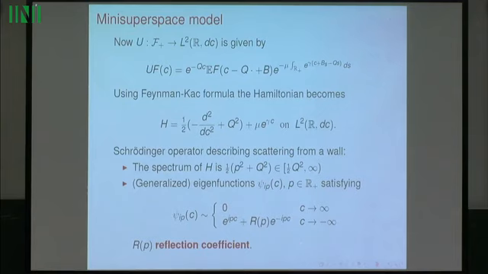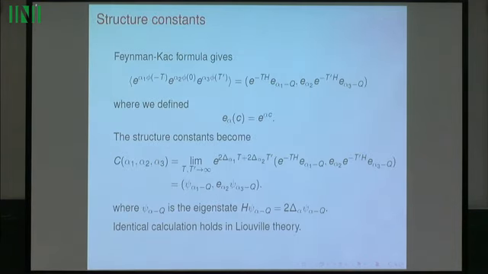The combination is a linear combination of waves which go one way or the other, and the coefficient here is a reflection coefficient, which actually has something to do with the reflection in Liouville theory, which some of you might know about. Okay, so that's a very simple model. Of course, we can understand everything here, but let's try to do this bootstrap in this super simple case.